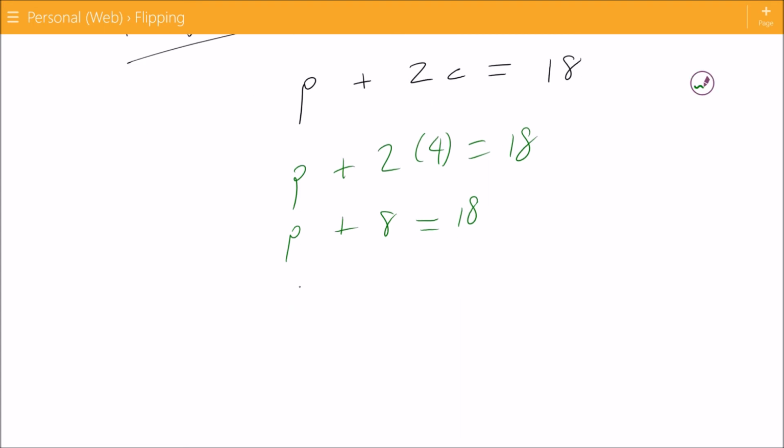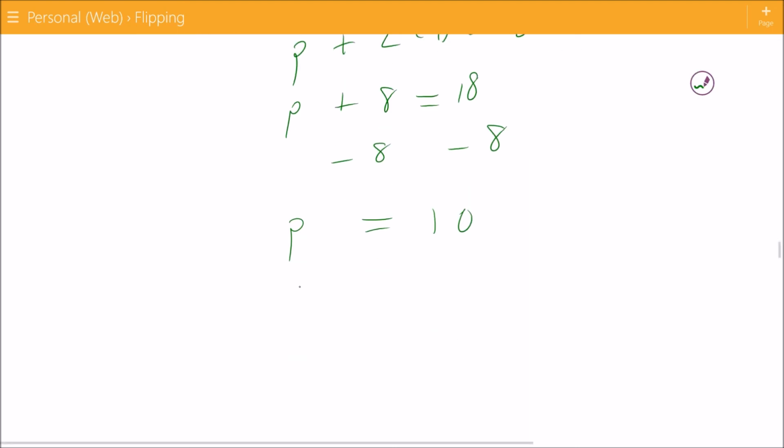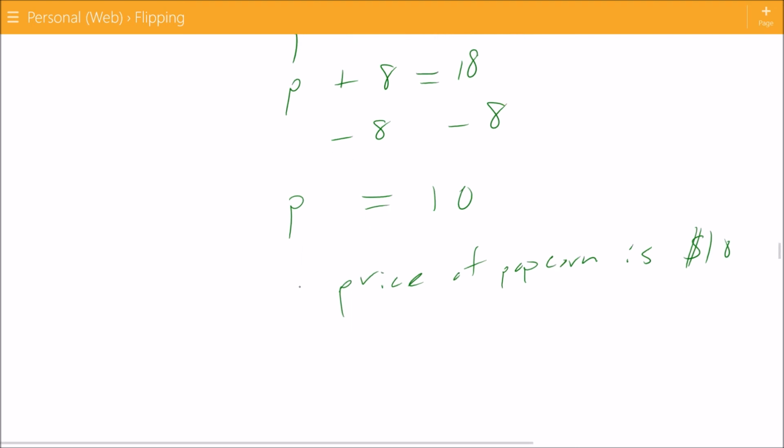We want p by itself. So I'm left with p equals 10. So the price of popcorn is $10. Another reason why I don't get a lot of popcorn at the movie theater.